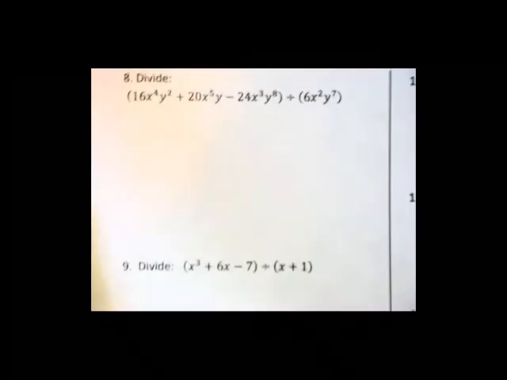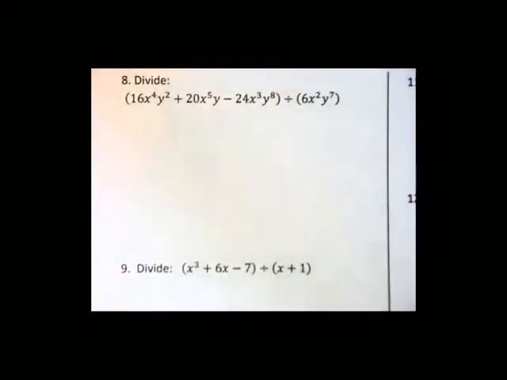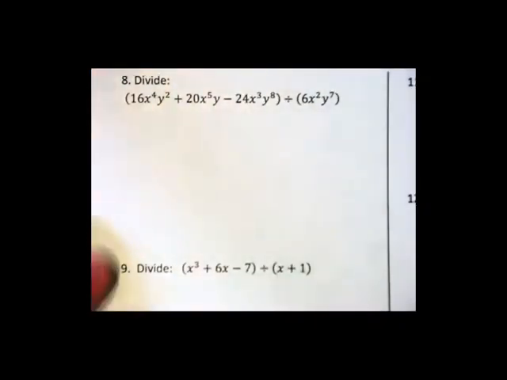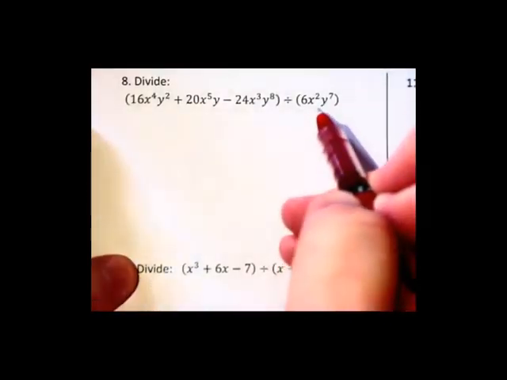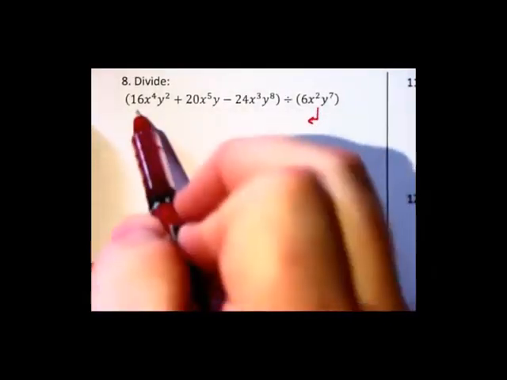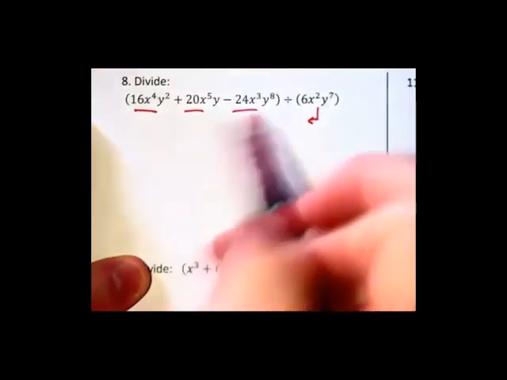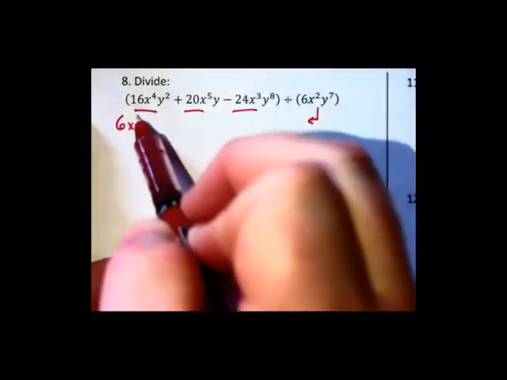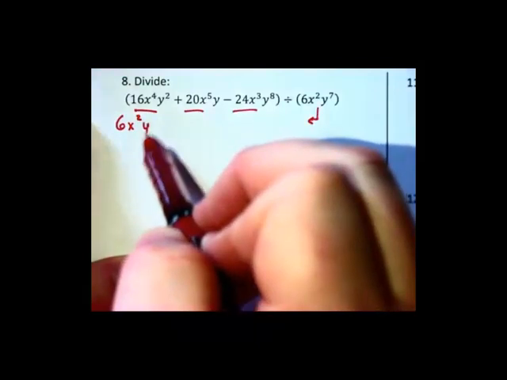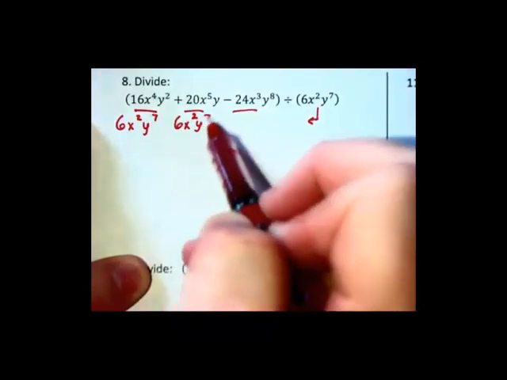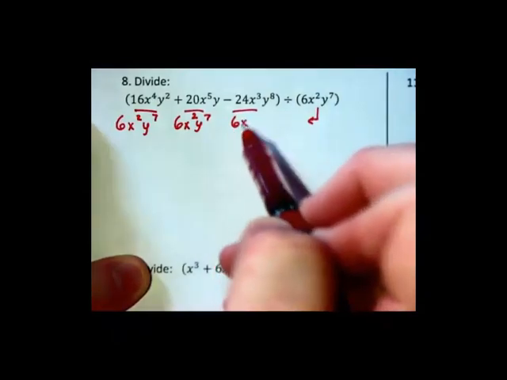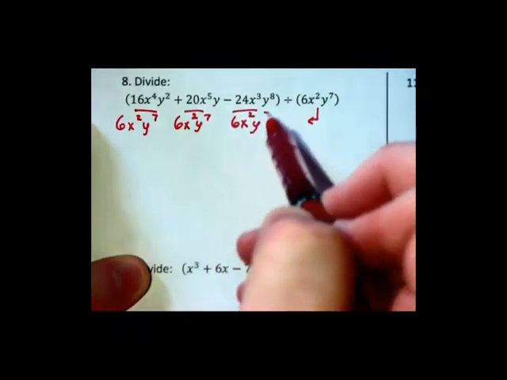Problem number 8 is division. We notice that we're dividing by a monomial. Since we're dividing by a single term, I'm just going to create separate fractions, each of which is going to get divided by the 6x squared y to the 7th. And then I'm going to reduce each of those fractions that I've created.